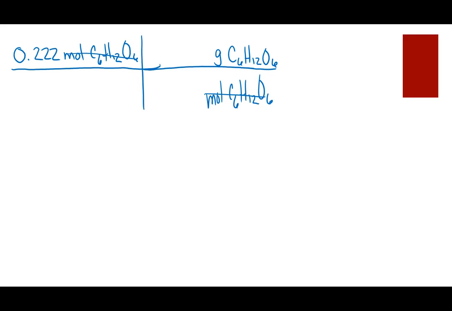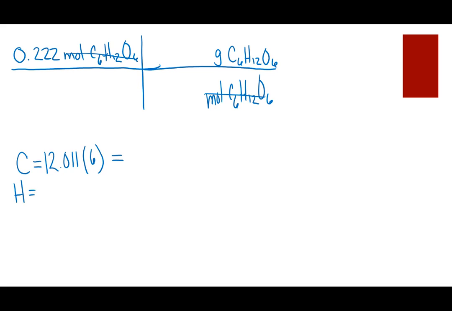Again, this is just a moles to grams conversion. We need the molar mass of glucose. So I look at the periodic table. I see that carbon has a molar mass of 12.011, and in glucose there are 6 of them.